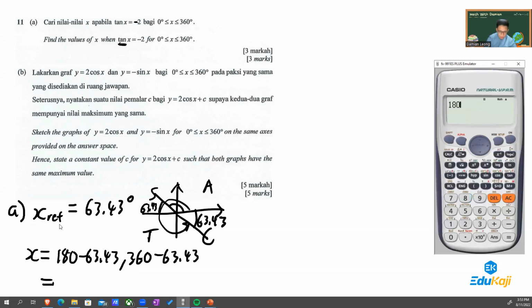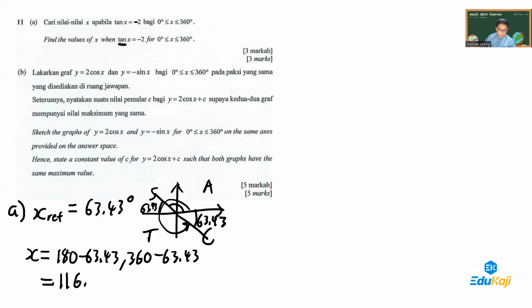So it is 116.57 degrees. Okay. As well as 296.57 degrees. Yeah, two possible answers. Okay. Then part B.